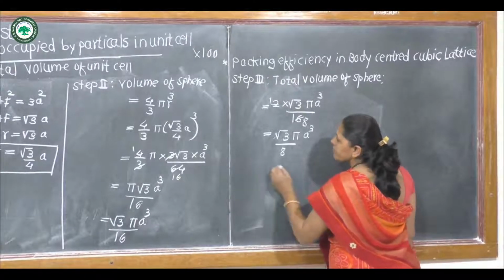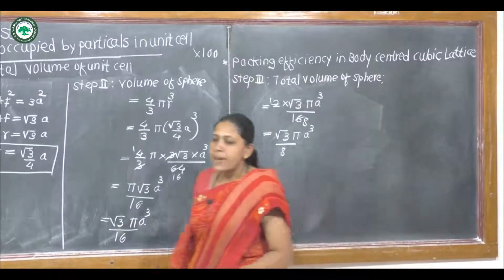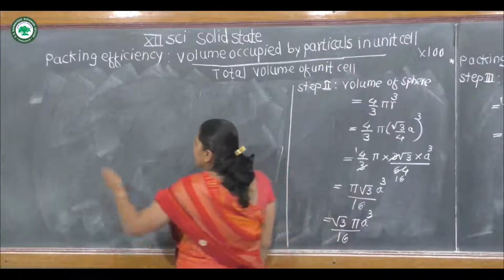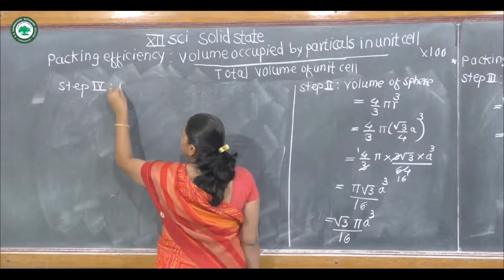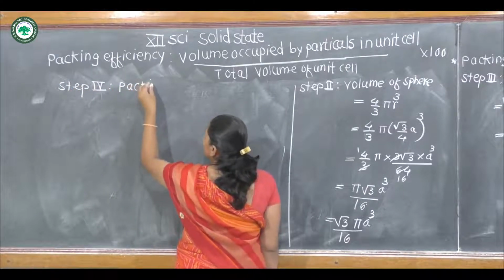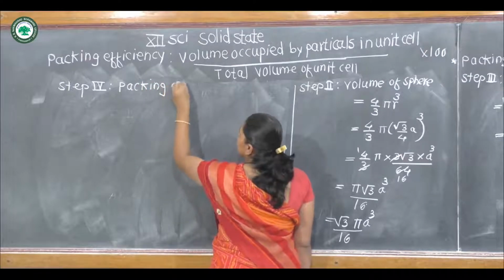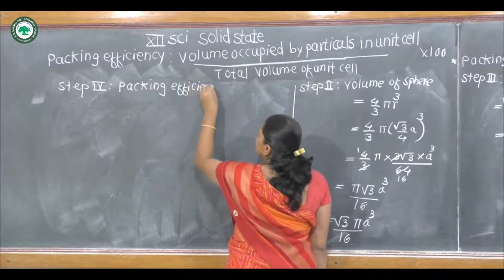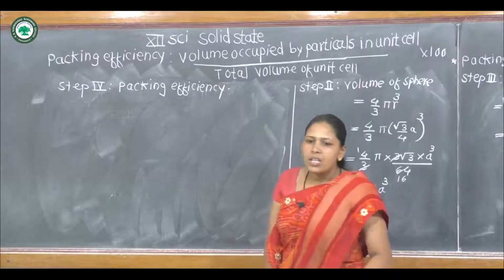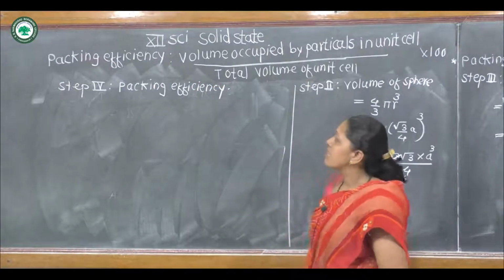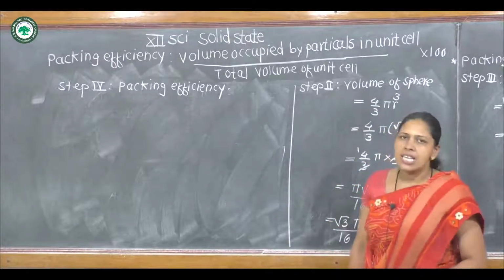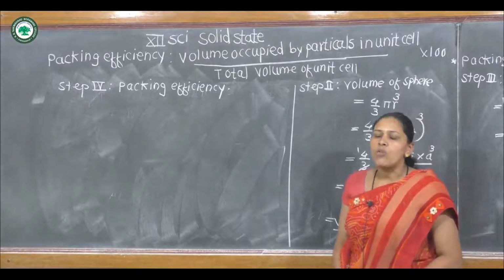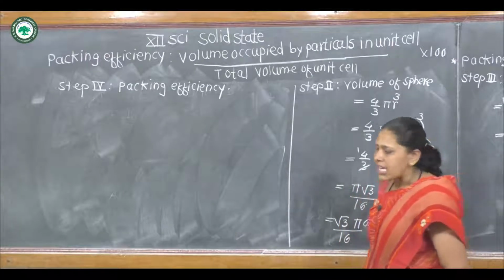Then step fourth, packing efficiency. We know that packing efficiency is equal to volume occupied by particles in unit cell divided by total volume of unit cell multiplied by 100.